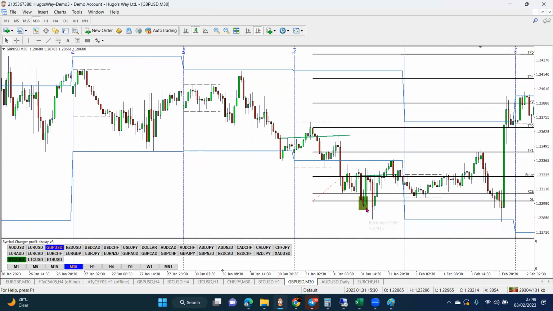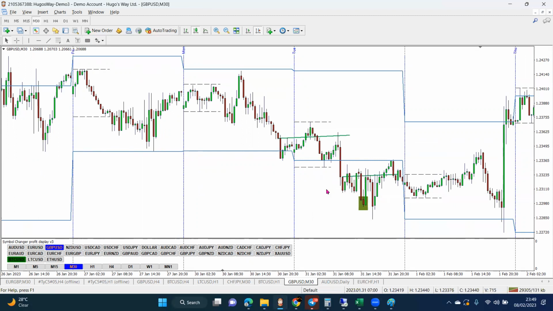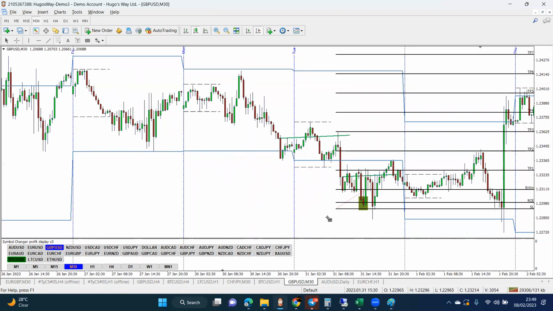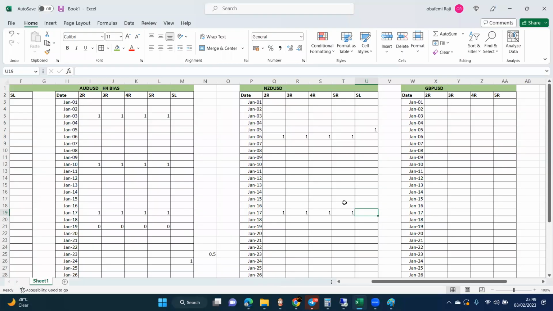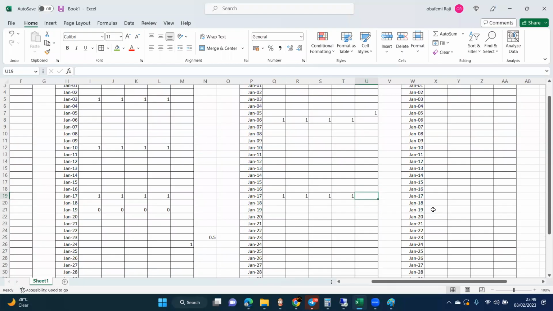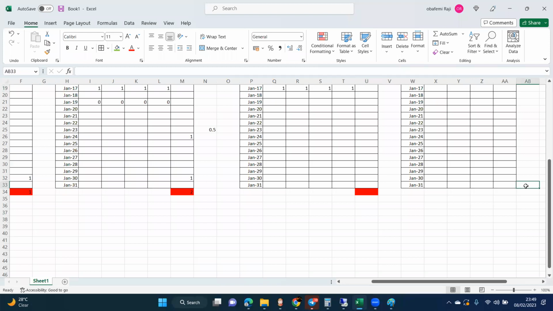Once you hit your stop loss, you look for another entry, and there you have this entry, right? And it would have gone for your stop loss second time. So on the 31st, you would have had 2 losing trades on GU. 31st, 2 losing trades, and that gives you 2.